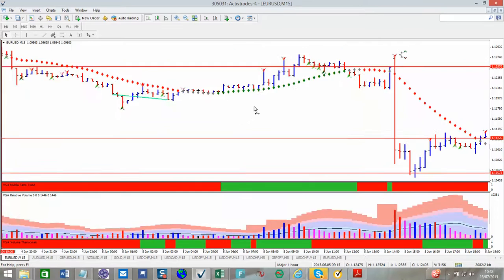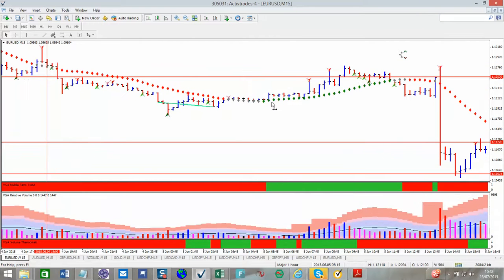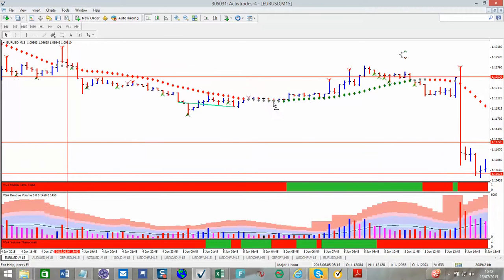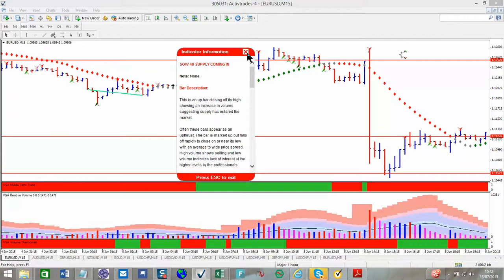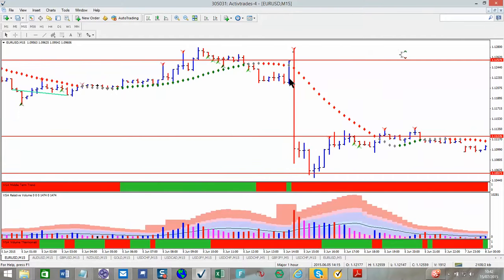But somebody who was taking a longer term position, with a bit of a wider stop, could have taken that. You would have taken a bit of heat at this point had you got in here. But depending on where your stop was, you could have still ridden that out, or you've got another entry at this point, supply coming in.